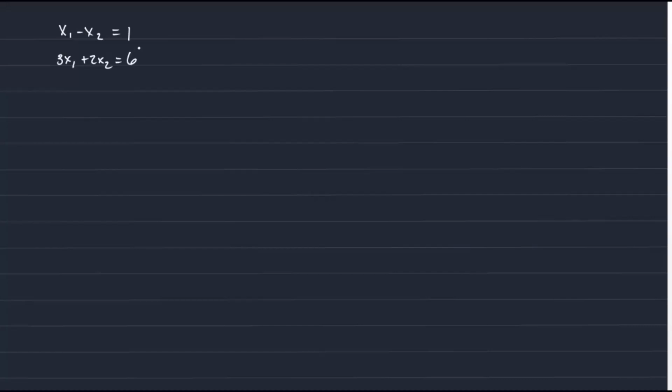Those were our two equations, and we could express that system as 1, that's the coefficient here, and a minus 1 here, and the constant term on the right-hand side is 1, and then we have a 3 and a 2 and a 6. So we're representing our full system in this matrix notation.